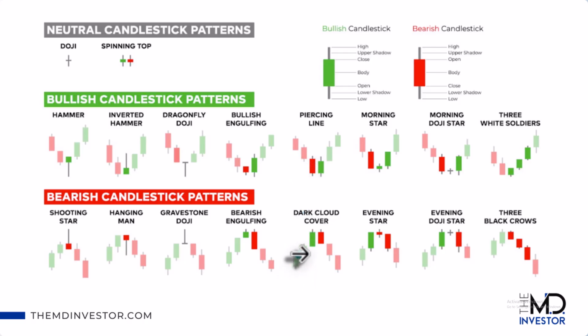If a green candle was coming up and then more than 50% of that candle was absorbed by a red bearish candle, this is known as a dark cloud cover. These are the same formation of patterns. Same thing with a spinning top that forms at the bottom of a reversal pattern.